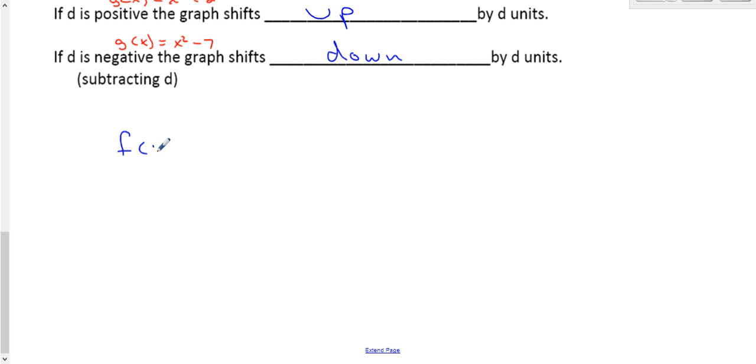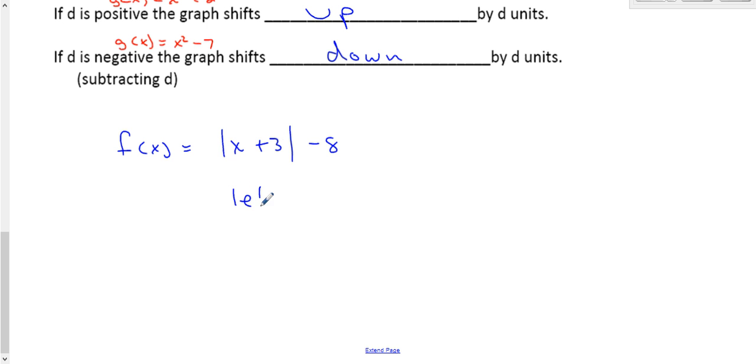If I have f of x equals, let's say, the absolute value of x plus 3, minus 8. The plus 3 is on the inside, so it's going left and right, and we have to think the opposite of what we see. So instead of moving positive 3 units, meaning to the right, it's going to be the opposite.